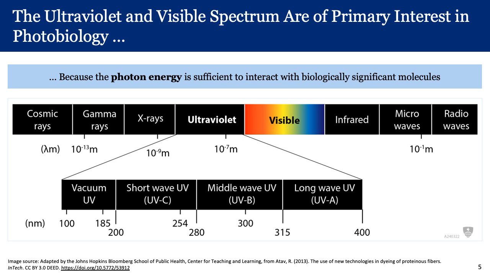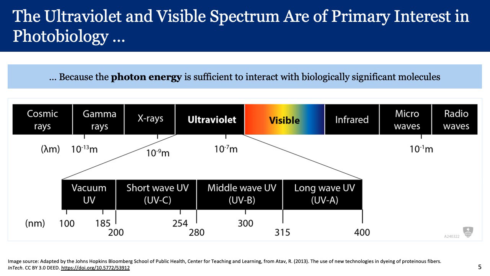Most people have little knowledge about the shortest wavelengths, which are blocked by the atmosphere, and these are known as UVC at wavelengths below 280 nanometers. Now, since these spectral bands were developed for photobiology and photomedicine, they have meaning in terms of different biological effects, and we shall review some of that.